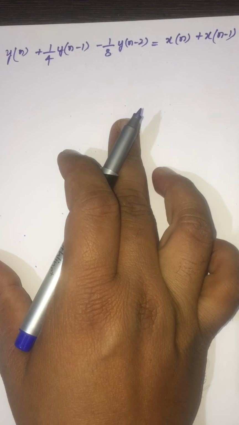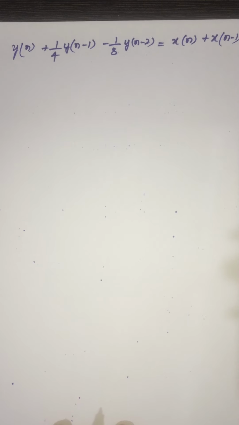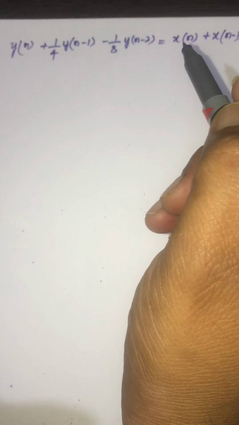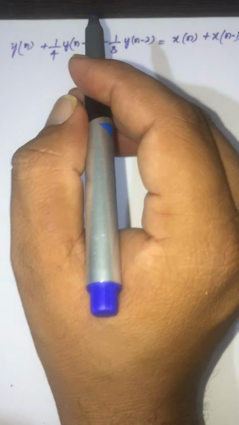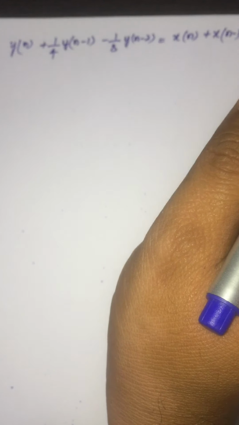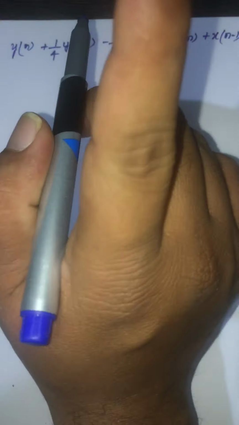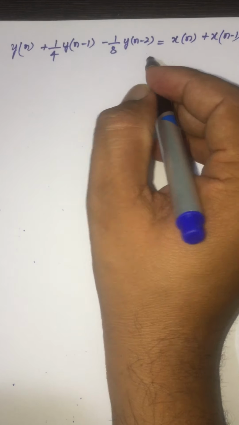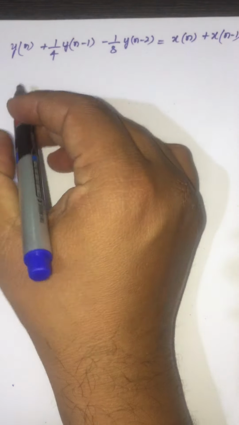Now we need to draw the direct form 1 and direct form 2 representation for this difference equation. Okay, now as we have done with respect to the differential equation, in LHS we should have the y factor, and the rest should be moved towards the RHS of the equation, and the coefficient of y of n should always be equal to 1, as I told you before. Upon rearranging this, there is no need to integrate or differentiate anything, just a simple manipulation.